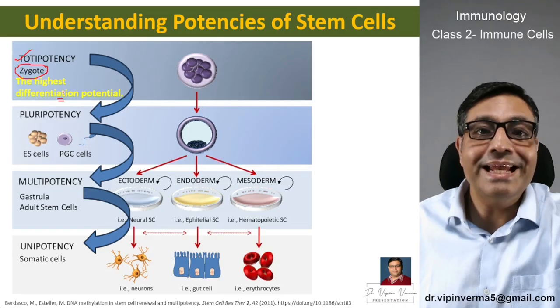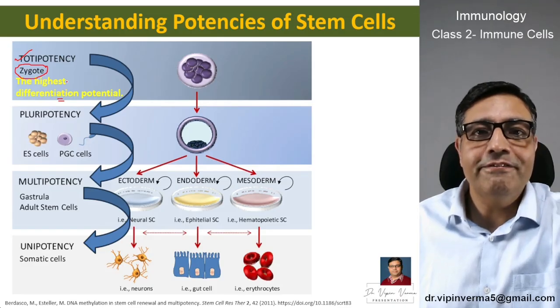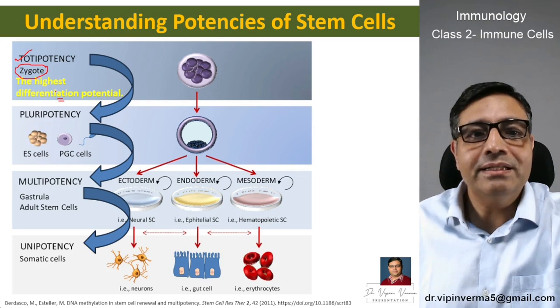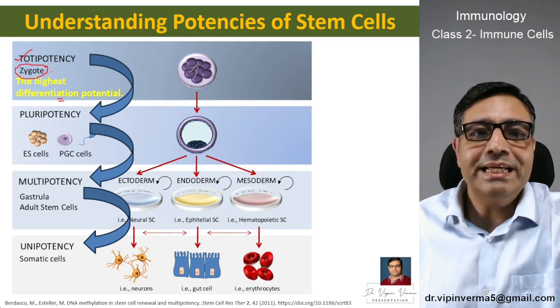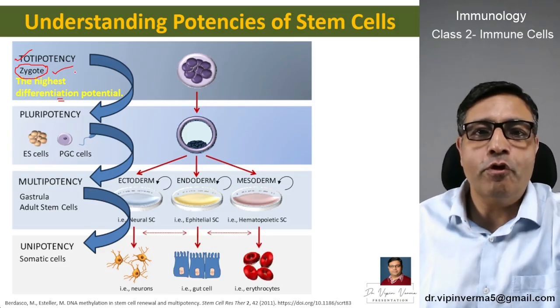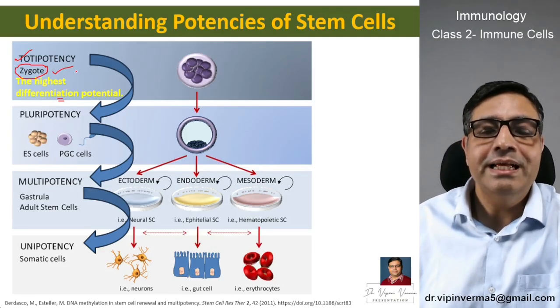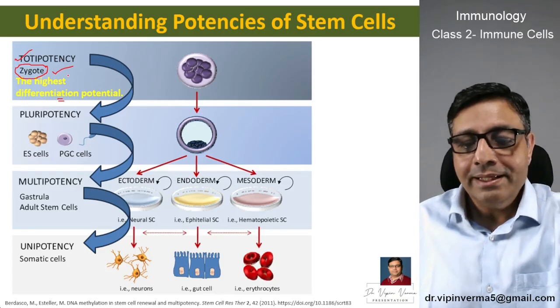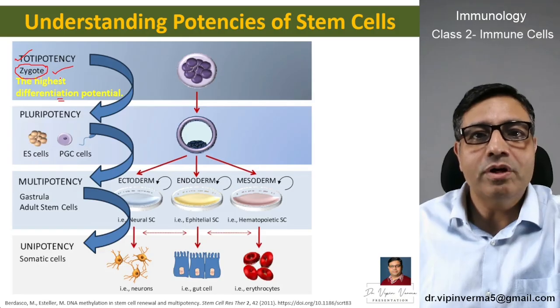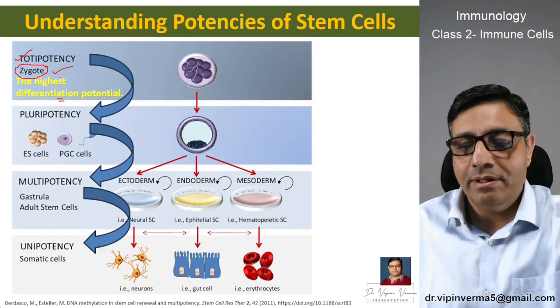That means any cell which can give rise to the entire organism is a totipotent cell. And the zygote is the example because the zygote is the single cell which is formed after fertilization, and this cell gives rise to the entire organization of an animal.